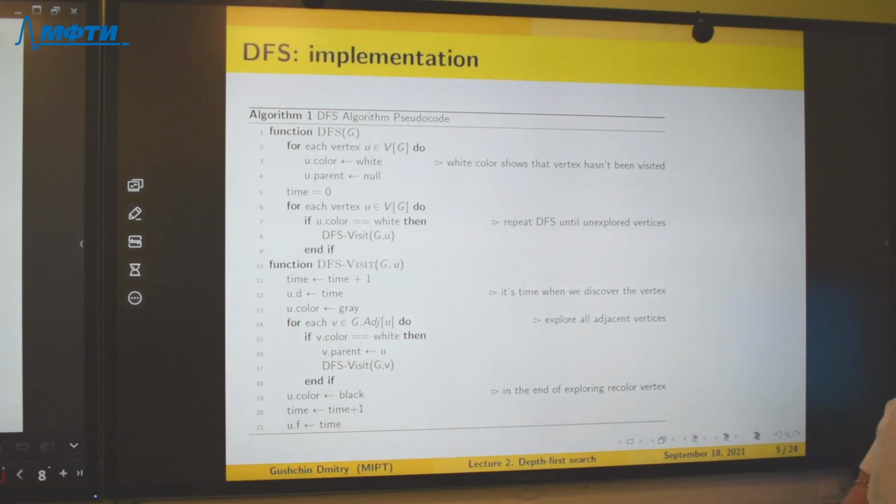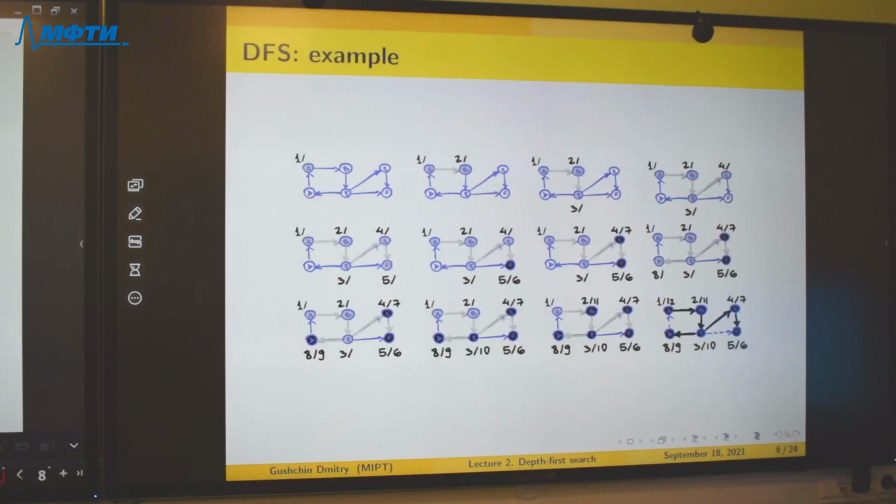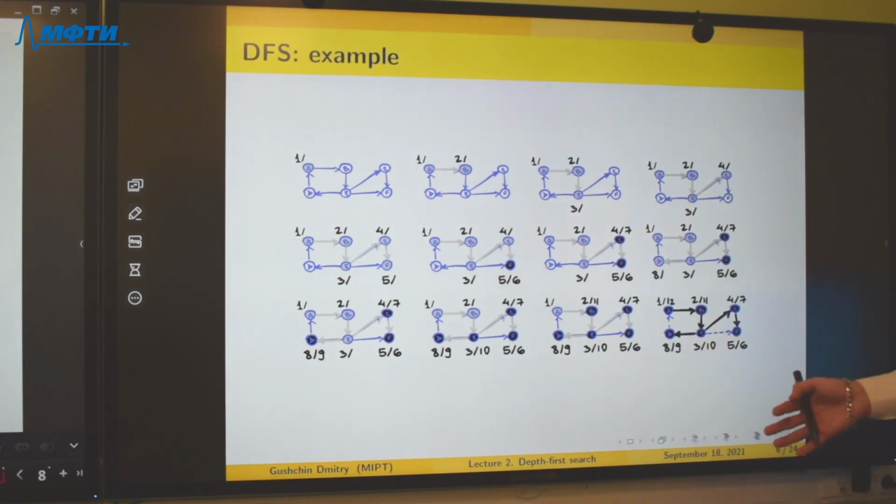But in the common way, as a result of DFS you get a DFS tree, as in the example here, and you get discover time and finish time. In different ways you can use the first time or the second time.